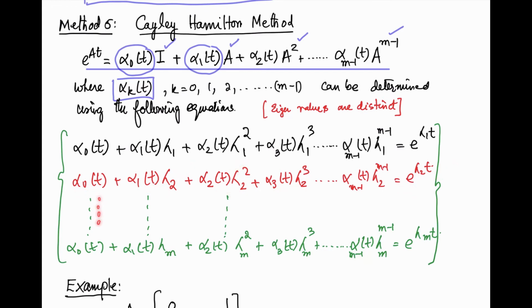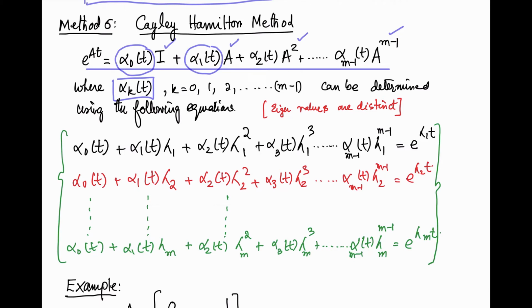For all the eigenvalues, you will set up the equation. Let's suppose that there are m eigenvalues for the mth order system. So you are going to set up these equations, and then by solving them, you are going to find the state transition matrix.